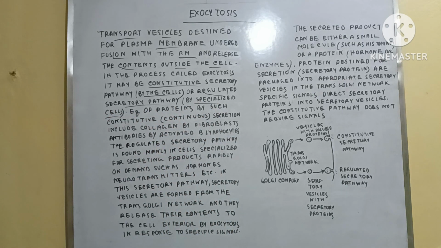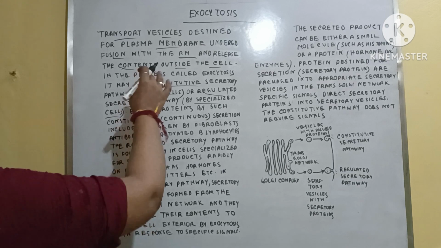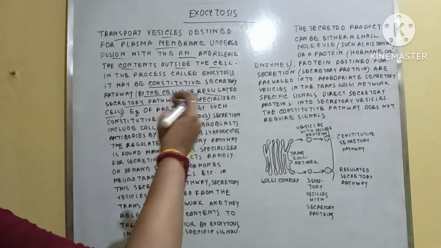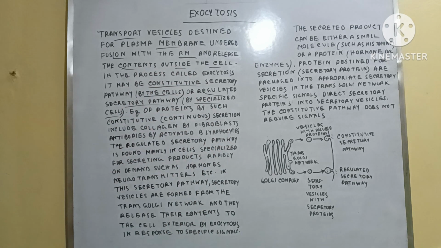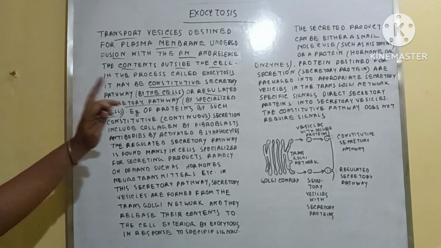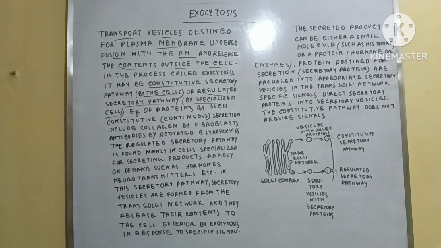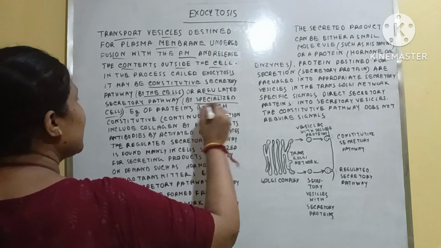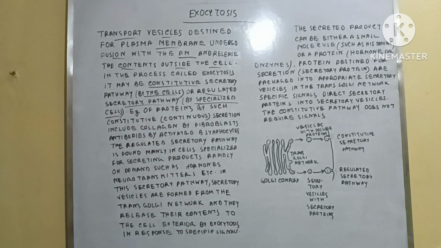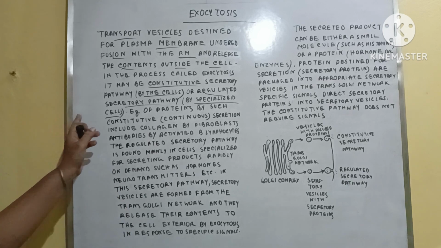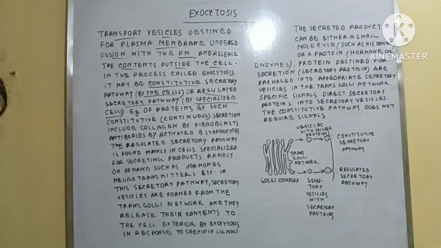Constitutive means continuous; this process occurs continuously. But the regulated secretory pathway does not occur continually. It occurs sometimes, with the help of some specialized cells. Not all cells are capable of the regulated secretory pathway.